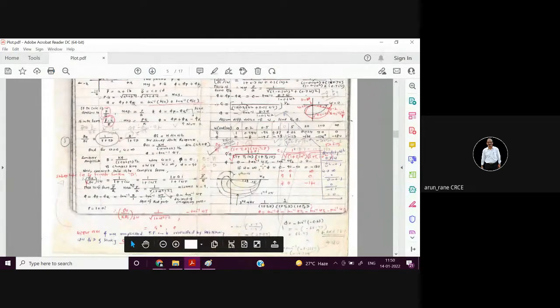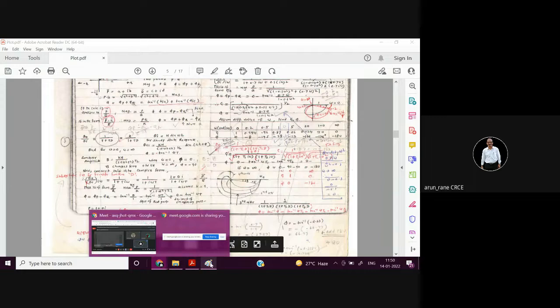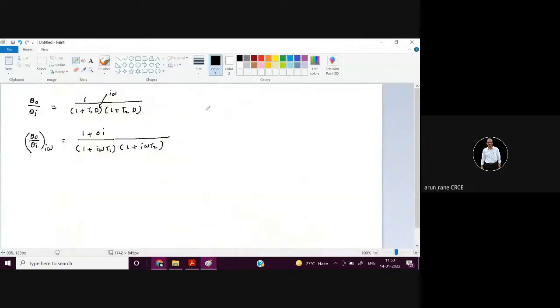Okay. Now we will first find out the magnitude. How do you find out the magnitude? It is under root of real part square plus imaginary part square, correct? So G is equal to, for the numerator, the real part is 1 square, imaginary part 0 square, so under root of 1 square plus 0 square.